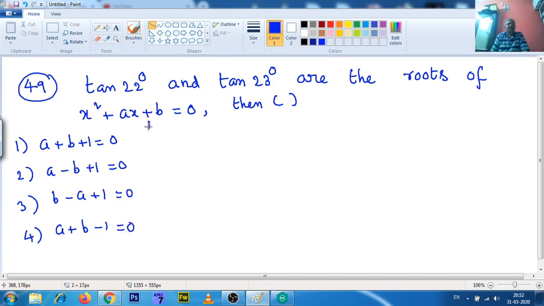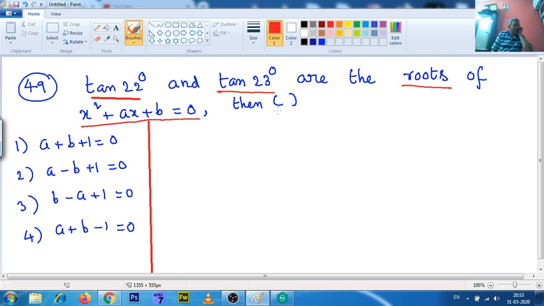Okay. Now tan 22 degrees and tan 23 degrees are the roots of this x square plus ax plus b is equal to 0. Then we need to find out.